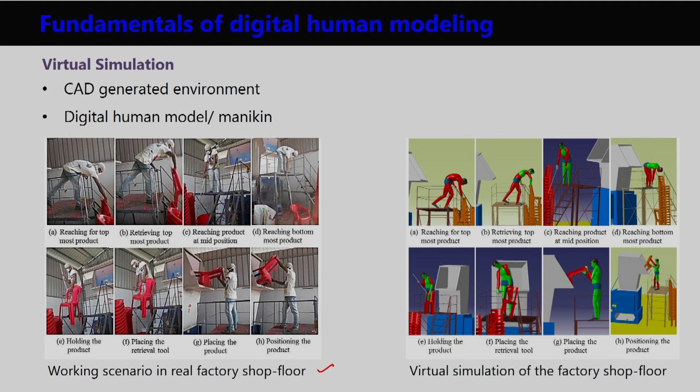Those aspects we can simulate in digital human modeling software. If you look at the right side panel, the real activity has been simulated in virtual environment with digital human models. You can see that the person is picking up the chairs, the same thing we can simulate in CAD software. So, this type of software is called digital human modeling software.